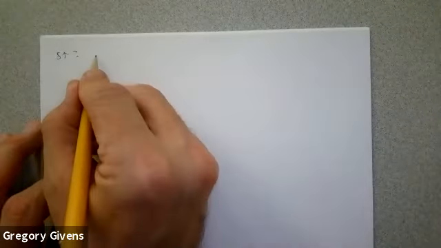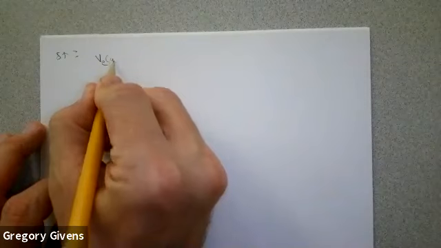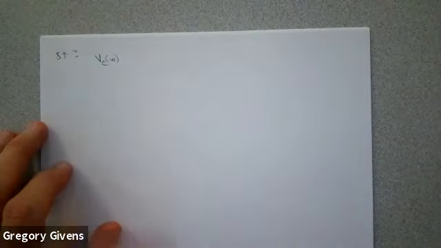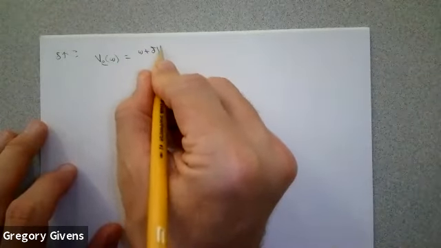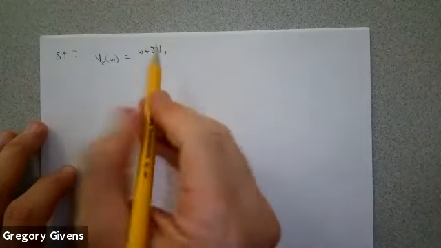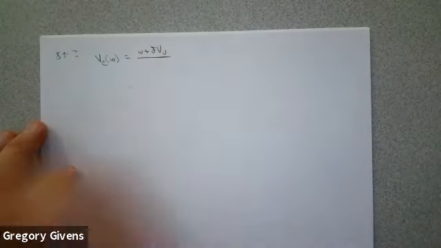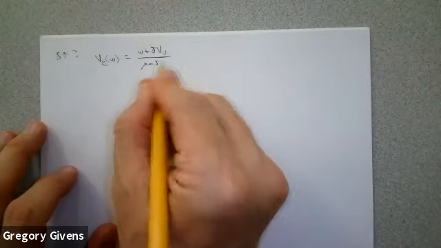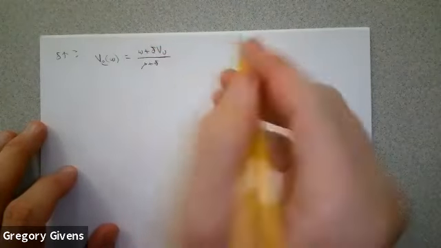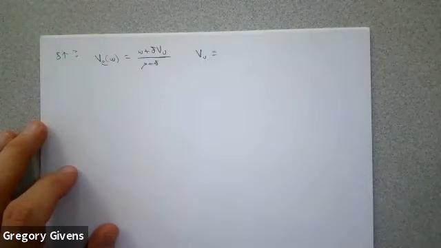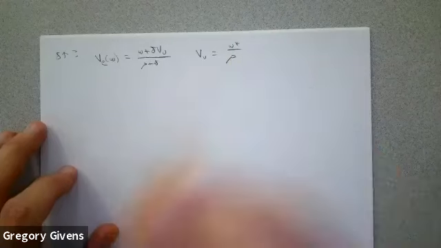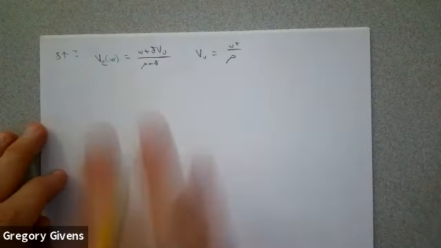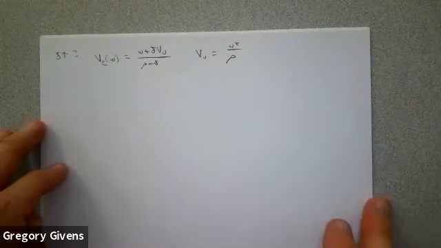All right, now recall that the value function for a worker working at wage W, we talked about this in the last lecture, was W plus delta times VU, which is the value function of an unemployed worker, divided by rho plus delta. The value function for an unemployed worker can be written as the reservation wage divided by the discount rate, rho. Both of those were derived in the last class.